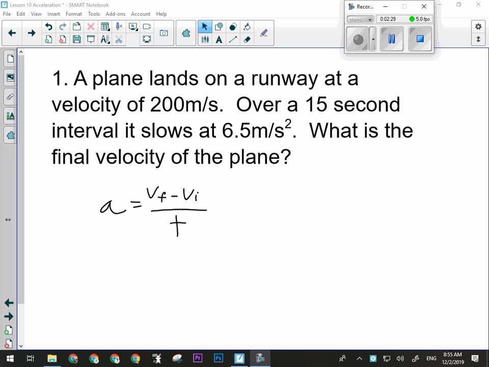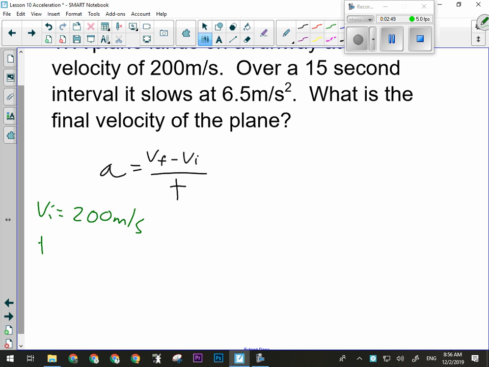As with any problem-solving type of question, especially in basically any question in physics, the first thing I want to do is write down my givens. So my givens in this question are that I have an initial velocity of 200 meters per second, and I have a time of 15 seconds, and it slows at 6.5 meters per second squared.